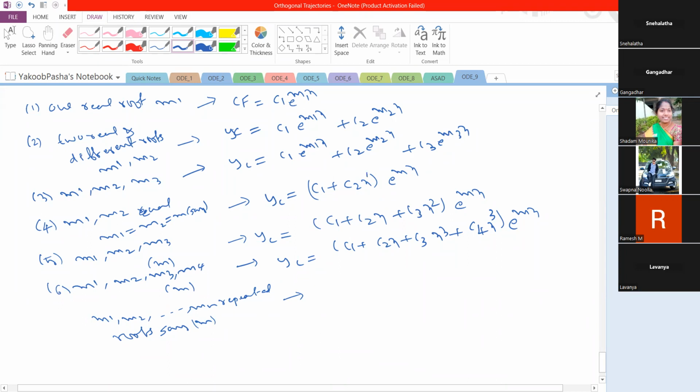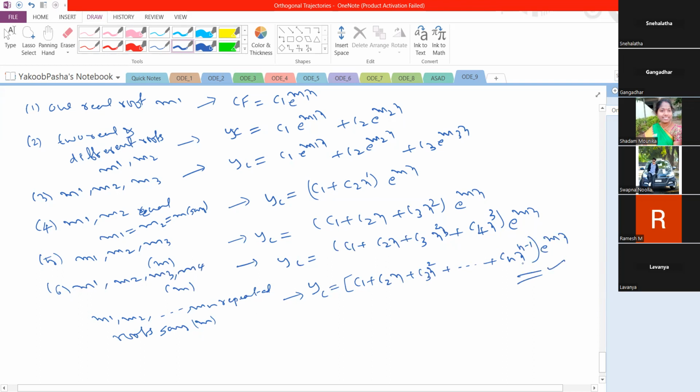For 3 repeated roots, 3 minus 1. For 4 repeated roots, 4 minus 1. So for n repeated roots, yc is equal to c1 plus c2 x plus c3 x square, plus and so on, cn x power n minus 1, into e to the power of mx. Different options are there. This is the right option.